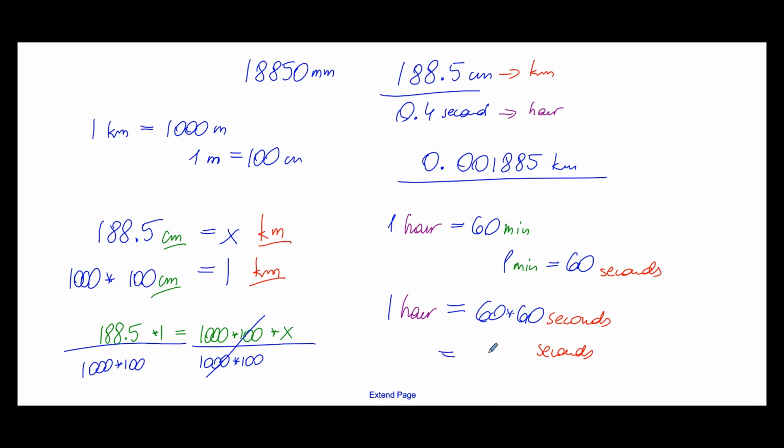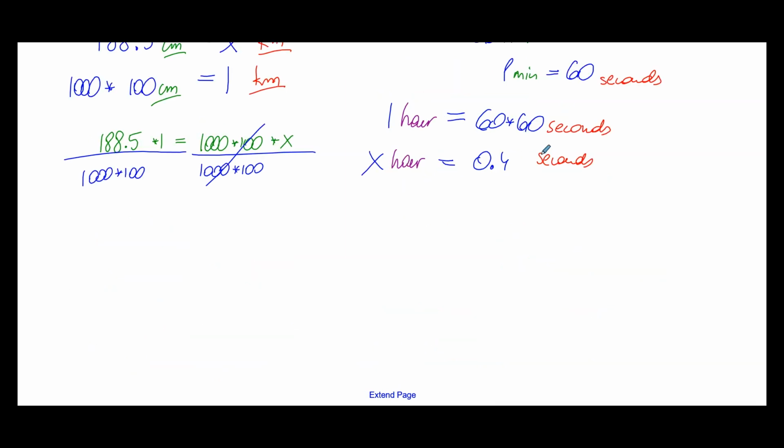And we need to change 0.4 seconds to x hours. Again, like with like, we cross multiply. So x multiplied by 60 by 60, and then 1 by 0.4. And we divide both sides.